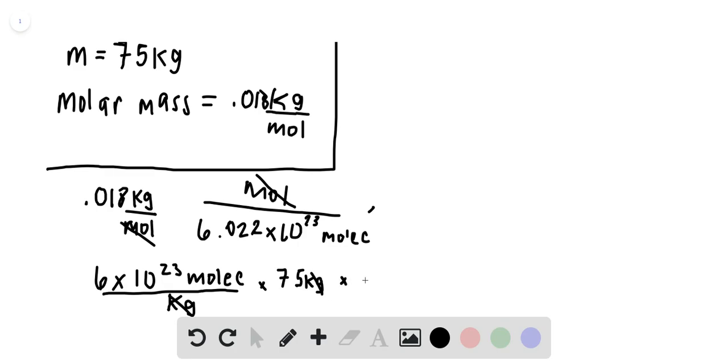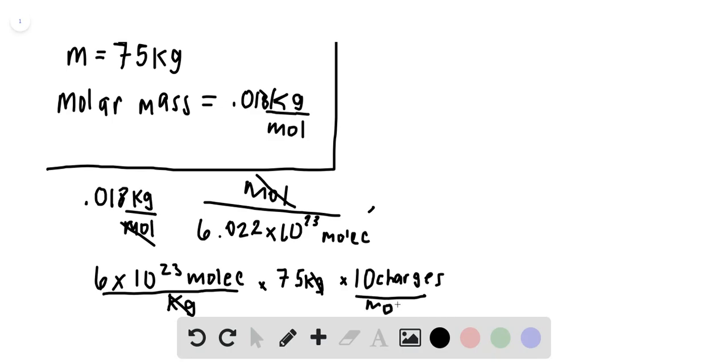Then we need the number of charges per molecule. A water molecule is 2 hydrogens and 1 oxygen. The oxygen has 8 protons in the nucleus, and the 2 hydrogens are each 1 proton, so that's a total of 10 protons. So 10 charges per molecule.